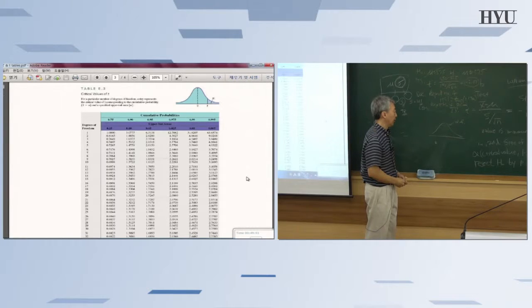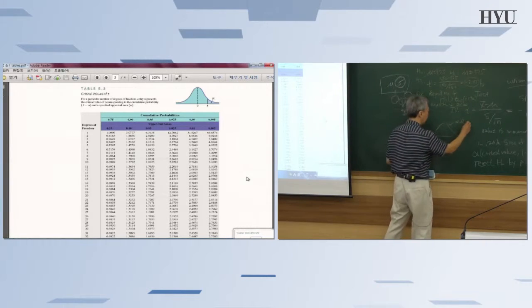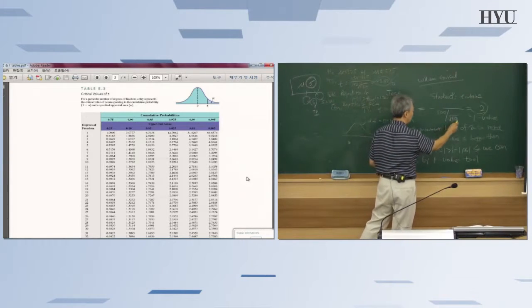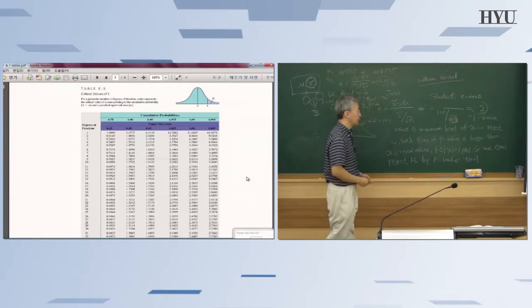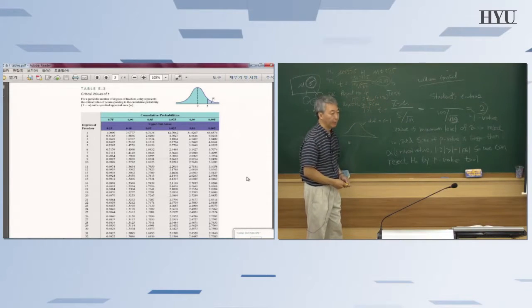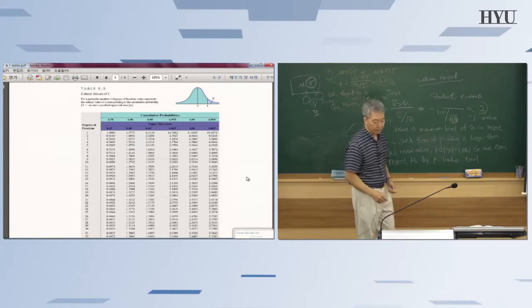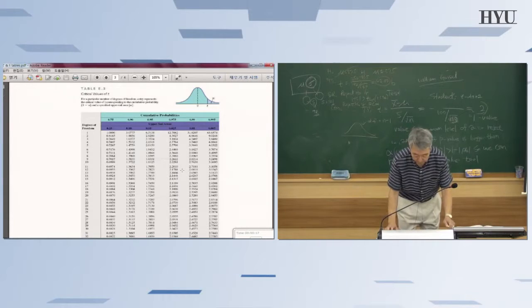For our purposes in this class, the degrees of freedom in this hypothesis testing should be n minus 1. For example, if you have a sample size of 64, your degrees of freedom is 63.